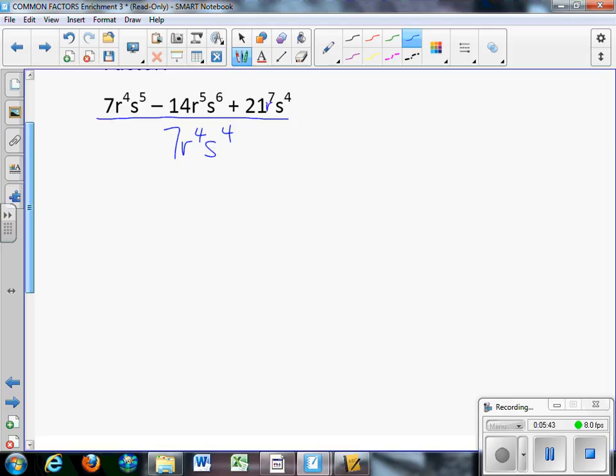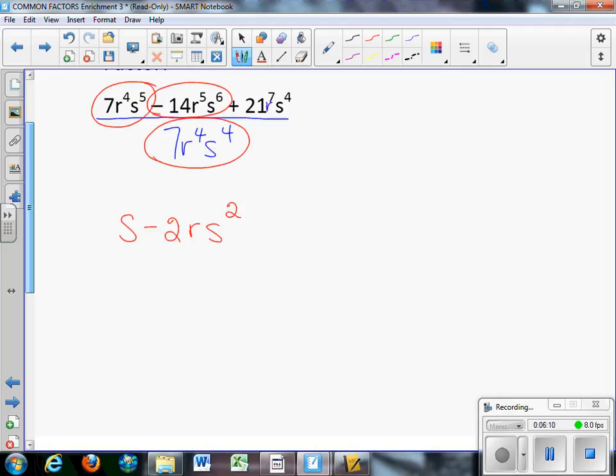We want to divide this into each term on top. So when we take 7r to the 4th, s to the 5th and divide it by 7r to the 4th, s to the 4th, we're left with just s. And then if we take the middle term, the negative 14r to the fifth, s to the sixth, and divide it by 7r to the 4th, s to the 4th, you're left with negative 2r s squared.